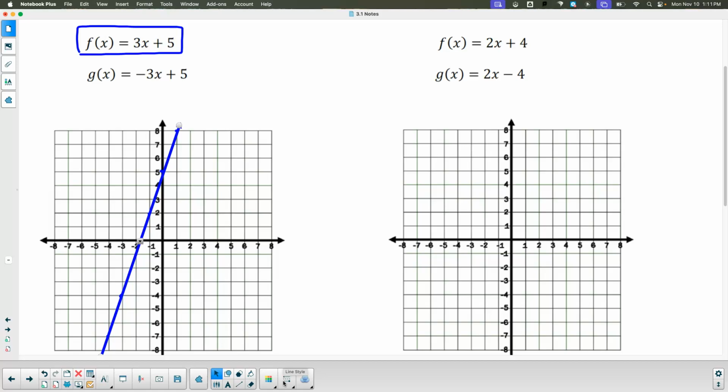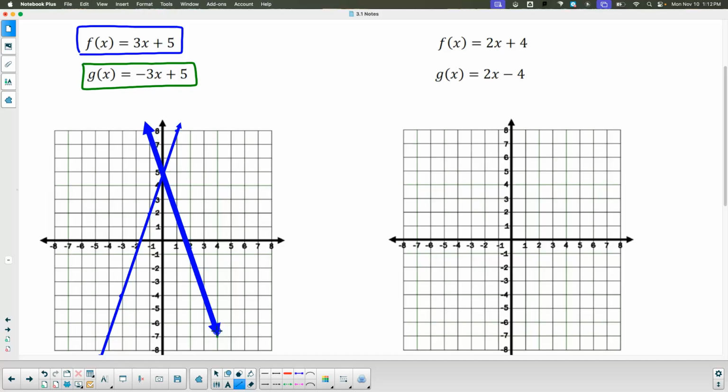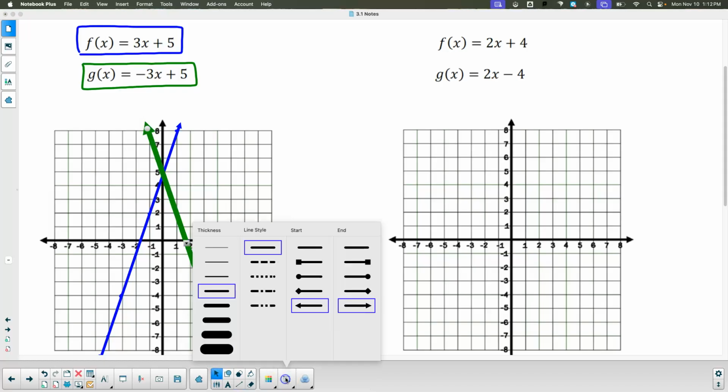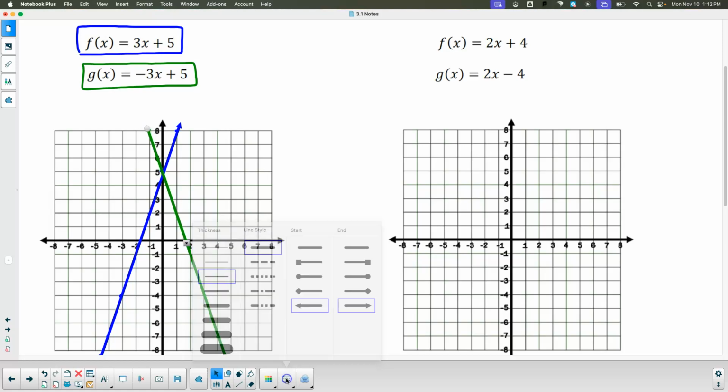Okay. So there's that first line right there. Then we'll make this one be green. What's different about that one, like it being green and like it being thinner?